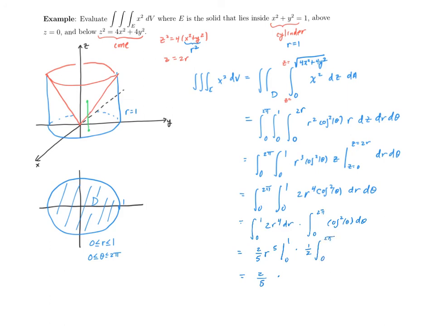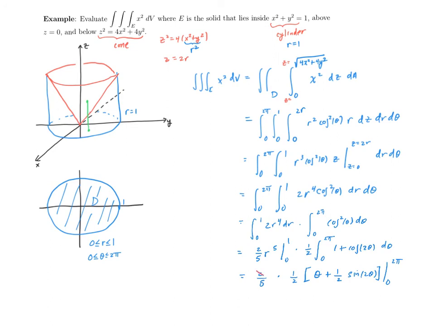So cosine squared theta is 1/2 the quantity 1 plus cosine of 2 theta. Once we've rewritten it, it becomes much simpler for us to evaluate the integral. The antiderivative of 1 is theta, and the antiderivative of cosine of 2 theta is 1/2 sine of 2 theta.